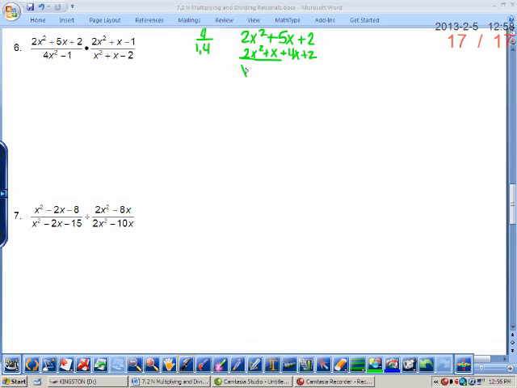So I can pull out an x. I'm left with 2x plus 1. And I can pull out a 2. And I'm left with 2x plus 1. So I get x plus 2 times 2x plus 1. So that became this numerator right here.